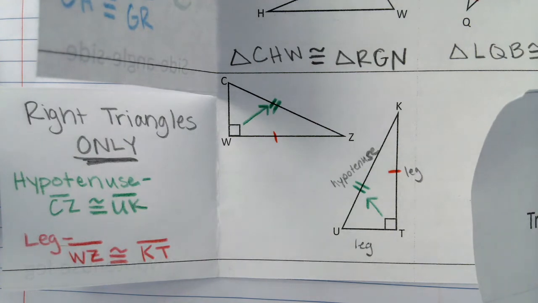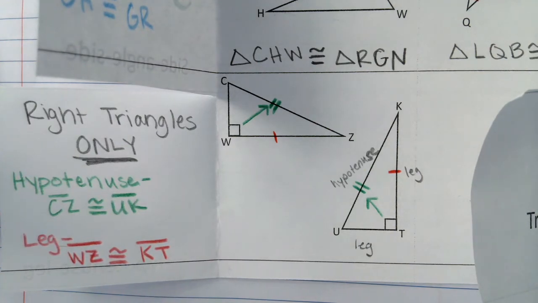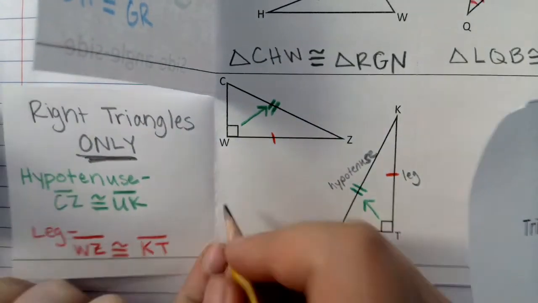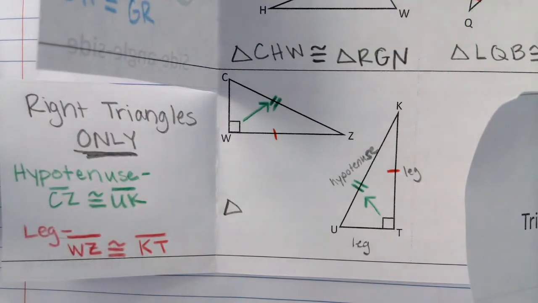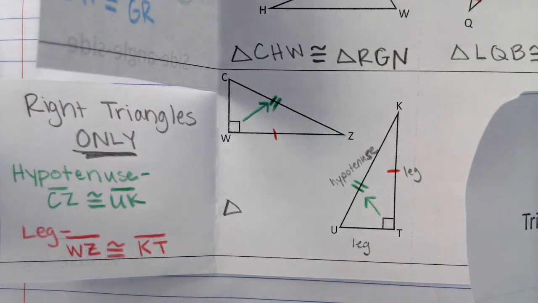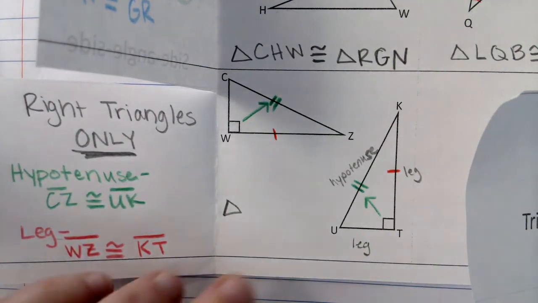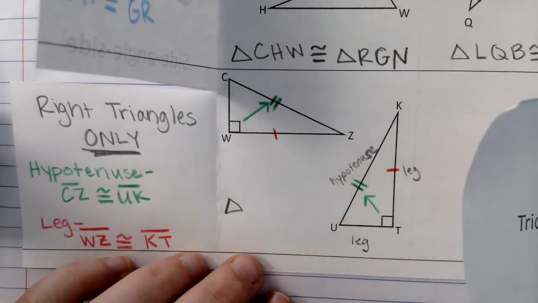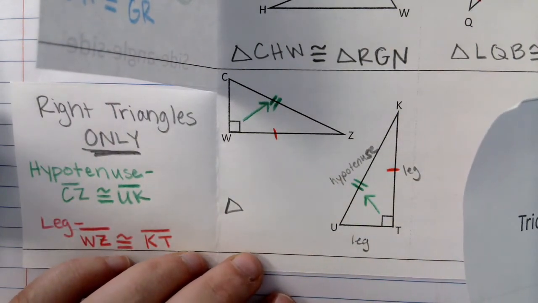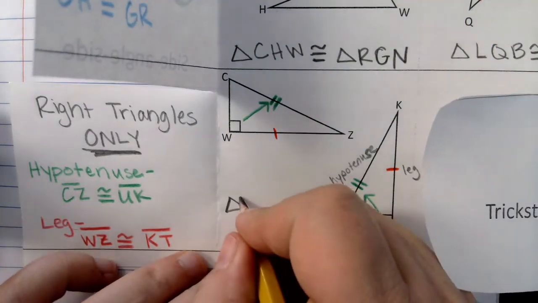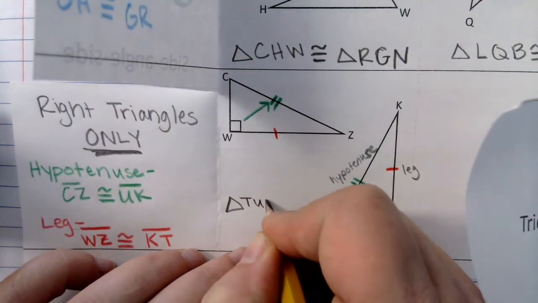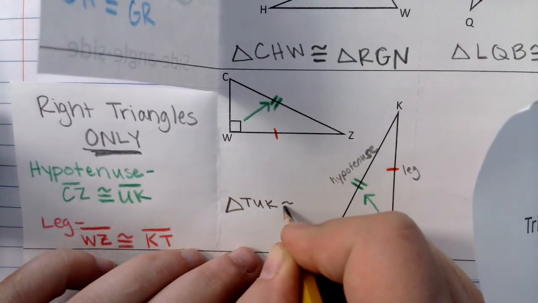I don't know why I wrote it there because I don't have a lot of room. That was a bad choice on my part. Triangle. So we did TUK. What matches with the T in this triangle? W. And then C. And then Z. I don't know why I wrote it so weird, but I did. My bad.